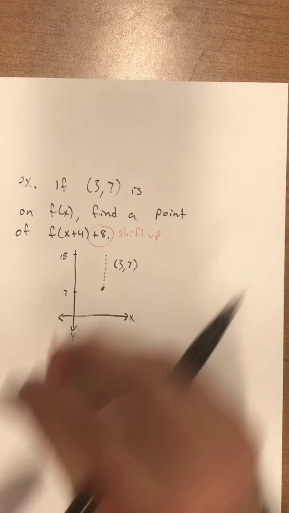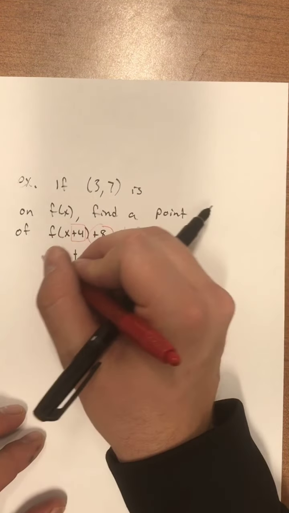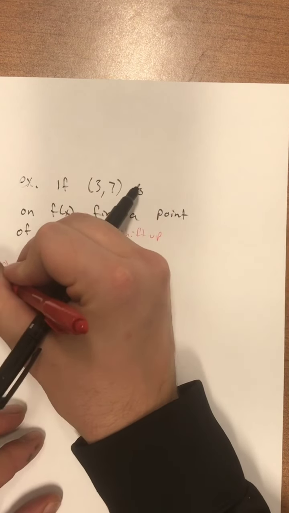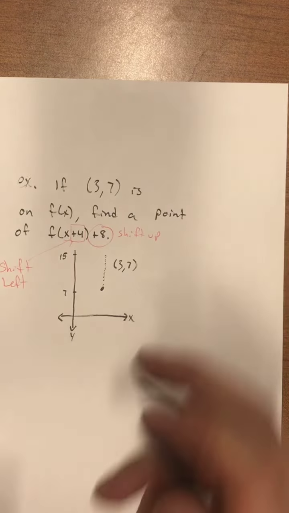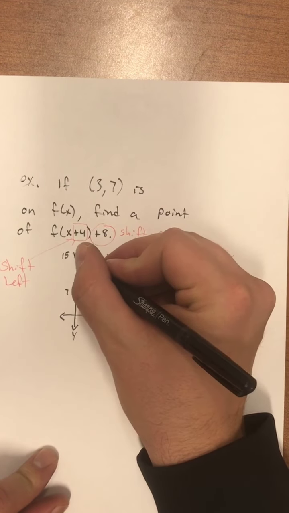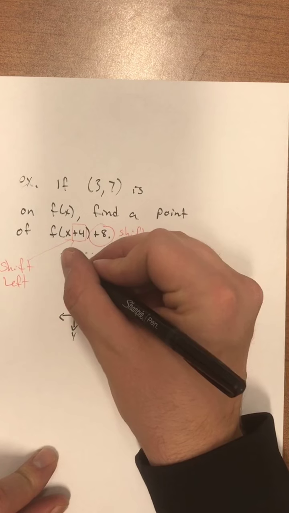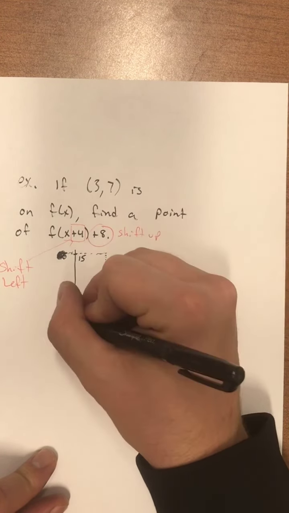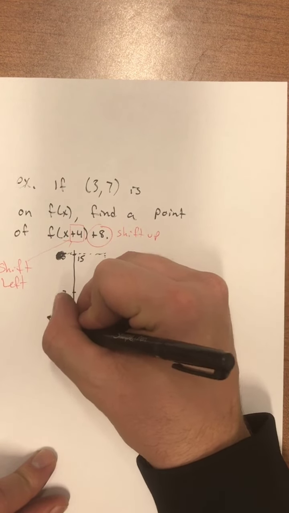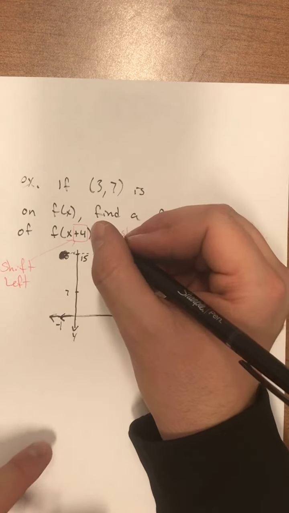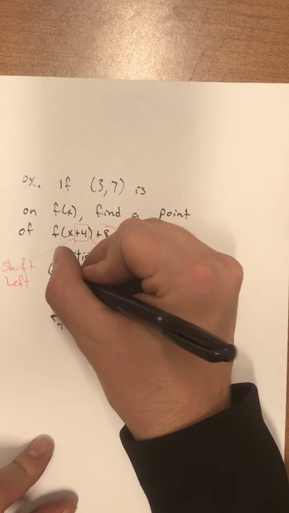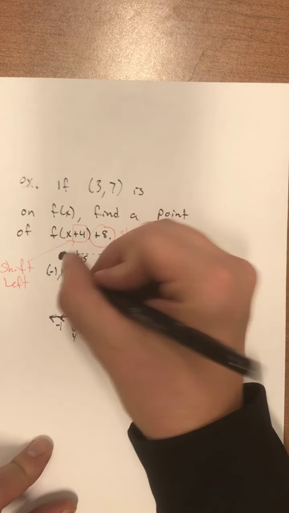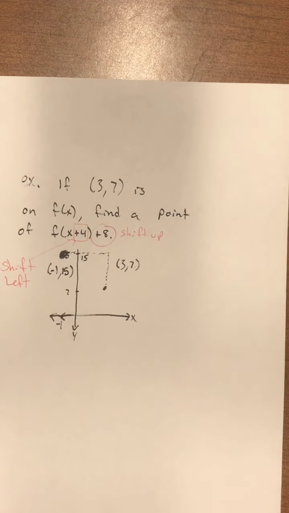And if you look back at those properties, the plus 4 added to the x on the input is a shift left. And if we shifted left 4 and we started at 3, we'd end up at -1 on the x. And then if we started at 7 and we shifted up 8, we'd end up at 15 on the y.